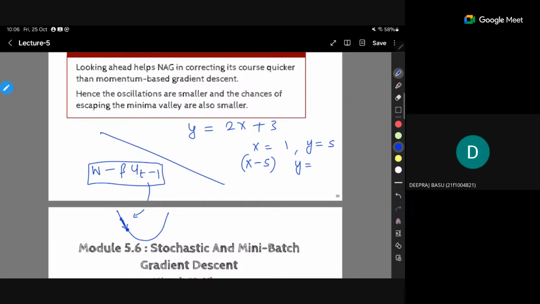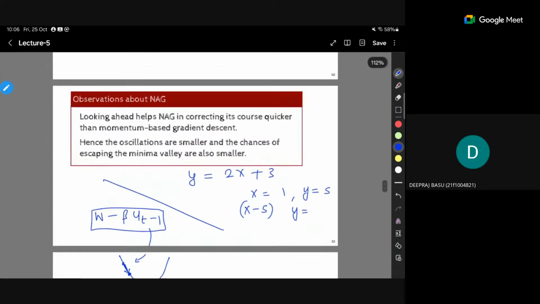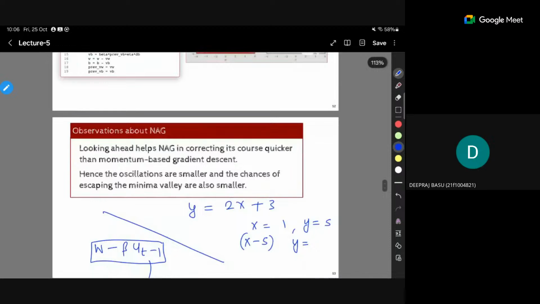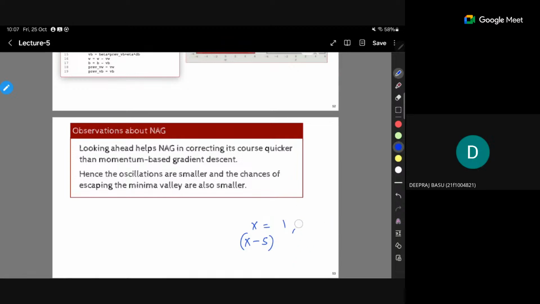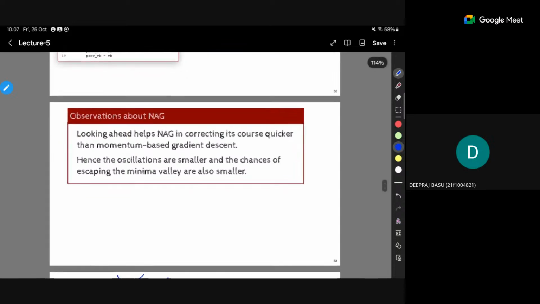Momentum brought in the oscillations, right? Because we are kind of getting propelled by the history. So when we overshoot, we can't correct it at that point. But with this one, when we overshoot at that iteration itself, we know that we have overshot, so the gradient will point in the opposite direction. Yes, that is true.